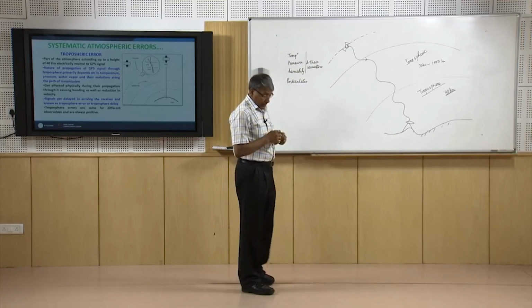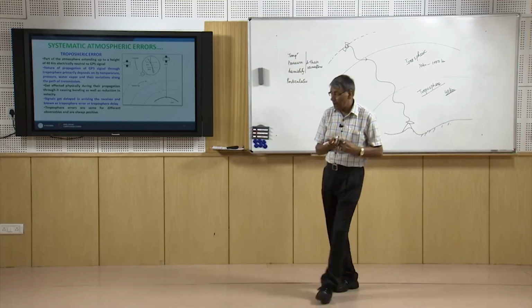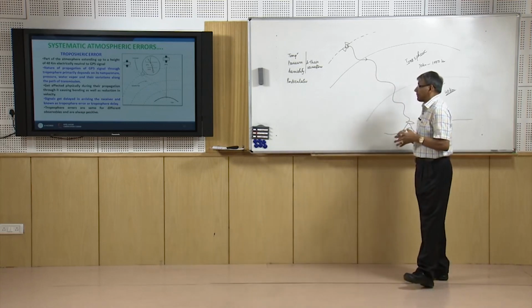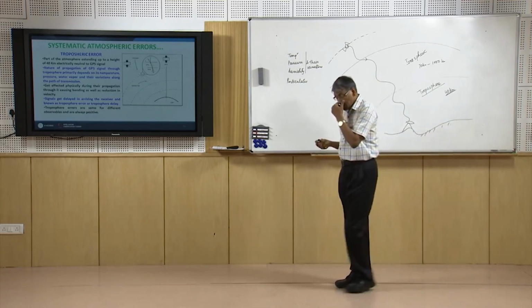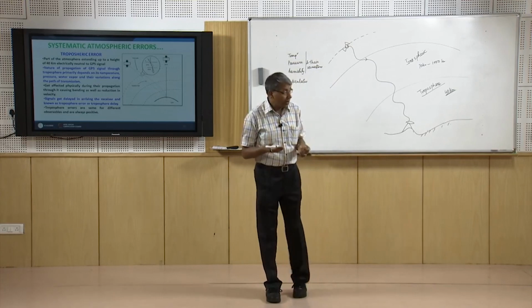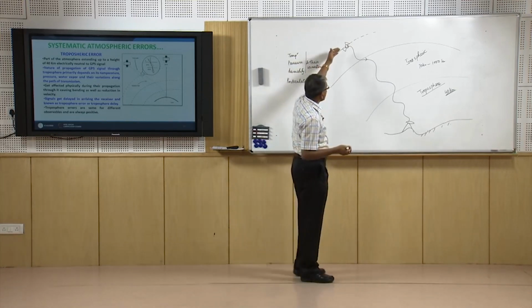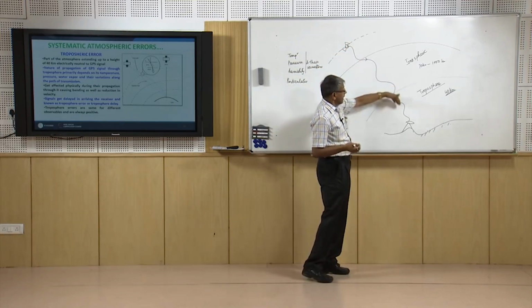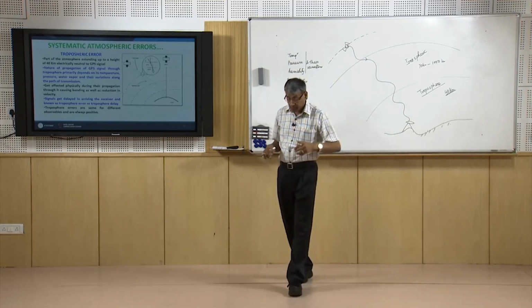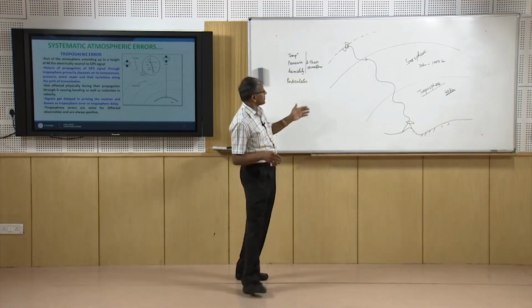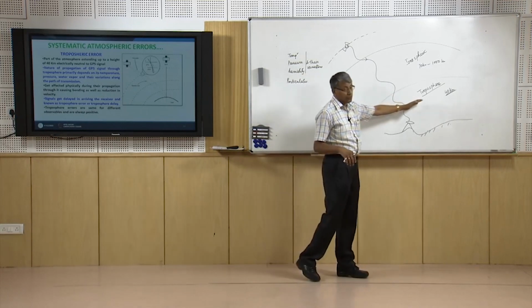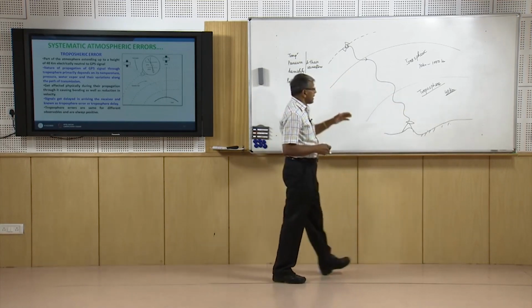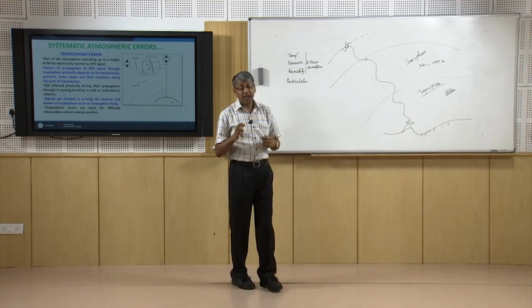So temperature, pressure, humidity and other particulates, their presence and their variations may cause physical obstruction of the transmission or propagation of the GPS signal through the troposphere, and it also deviates.